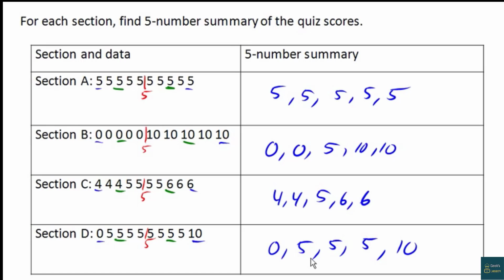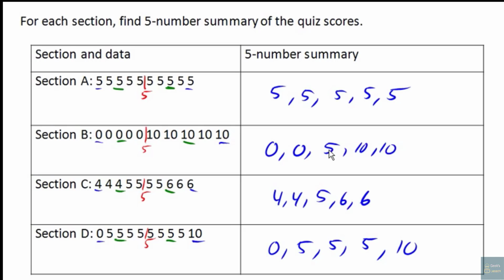Because this is a quarter of the data, and then this is a quarter of the data. Whereas here, the scores were definitely further out towards the ends. And so this helps reveal the spread of the data in a fairly small, concise way.